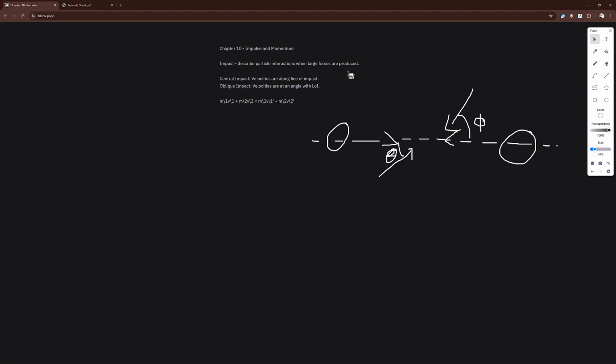In chapter 9, we had three things that were known. This would be like for the problem videos: you'd have three knowns, probably the masses and some velocities, and then an unknown. Now in chapter 10, we have two unknowns, right? So you could have two velocities that are unknown.